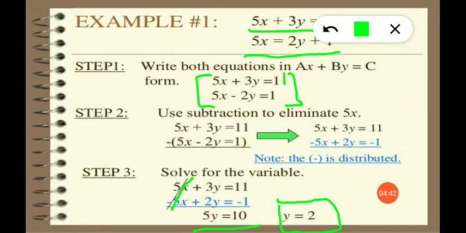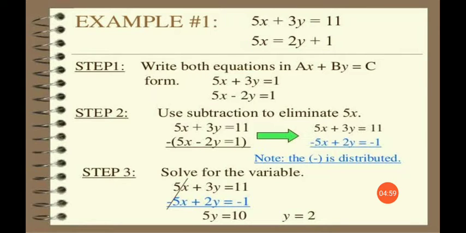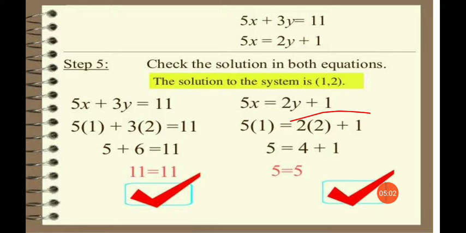Now what we have to do, we will substitute this y is equal to 2 in any one equation. Suppose we are substituting in the second equation, 5x is equal to 2y plus 1. We know y is equal to 2.